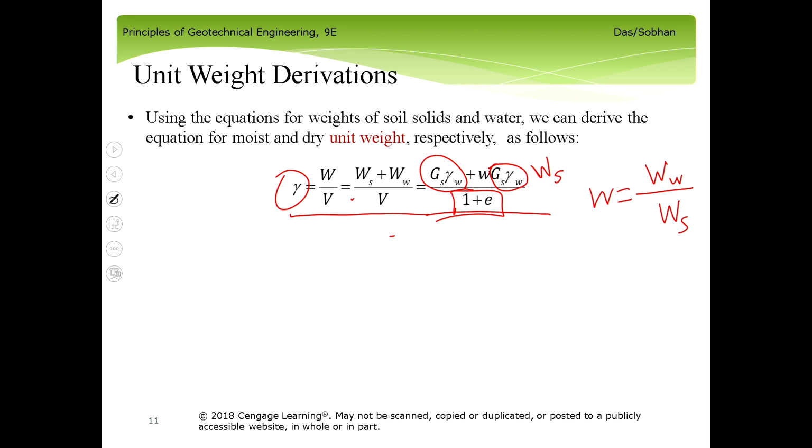This is what we assumed at the very beginning when we drew this relationship, right? So this is one relationship. And if we derive this from these two, then we get this. This is the first relationship we derive for the unit weight. So unit weight can be calculated with this.